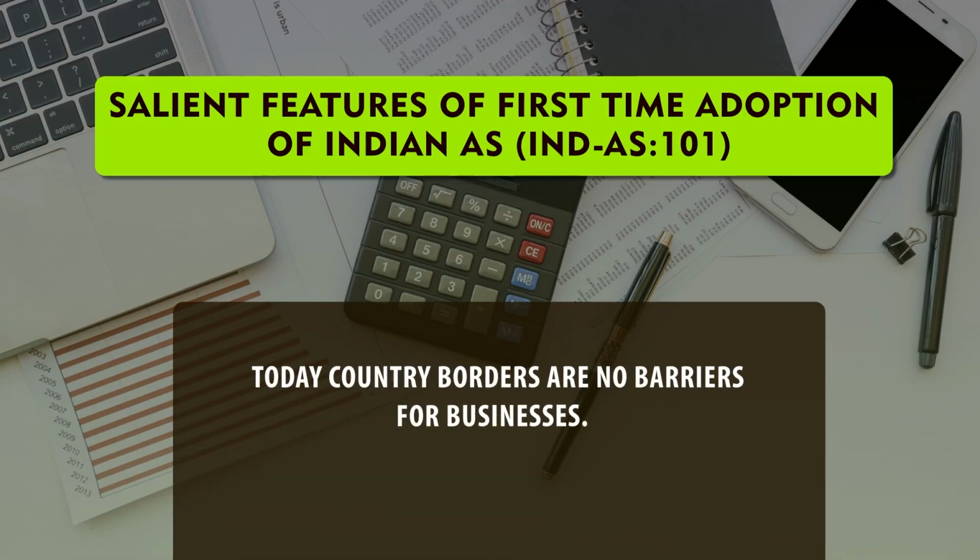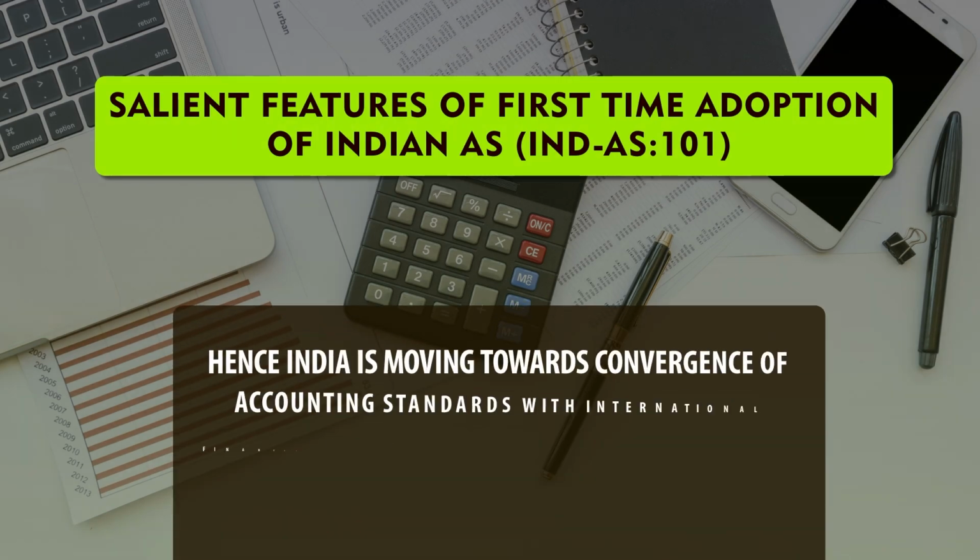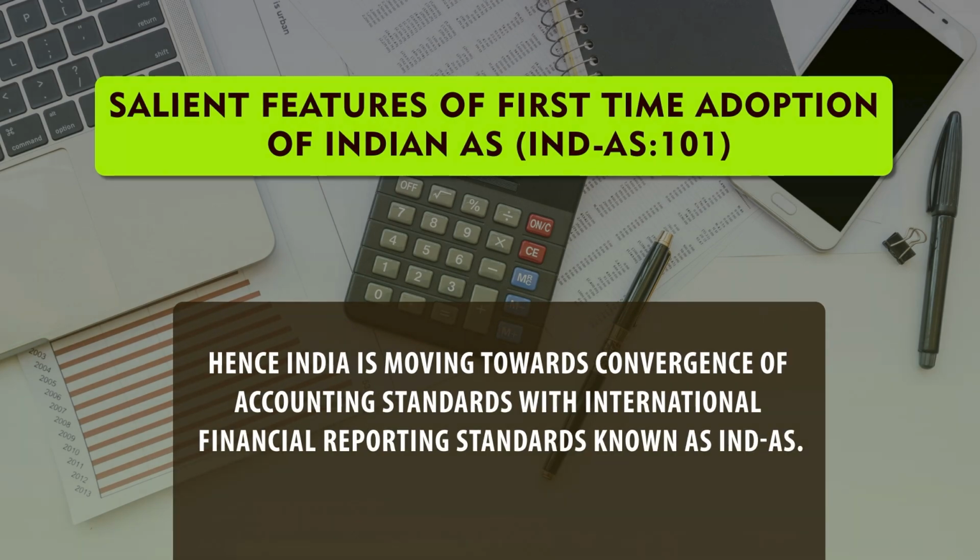Well friends, you know that today country borders are no more barriers for business. Therefore, India is moving towards convergence of accounting standards with international financial reporting standards known as IND AS.